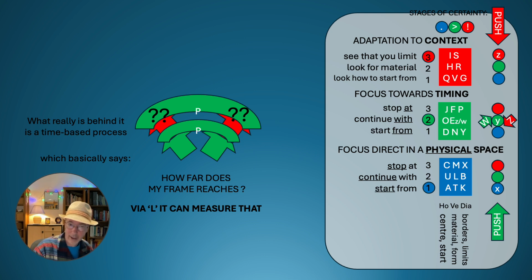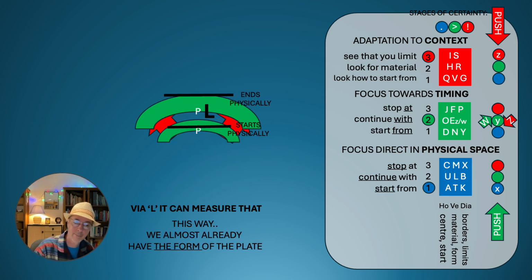And via L I can measure this structure, and it gives it again a physical form as well, and it gives you the range, it gives you the height. What's the difference between the pressure point which starts and the pressure point which ends? You measure with L the differences.